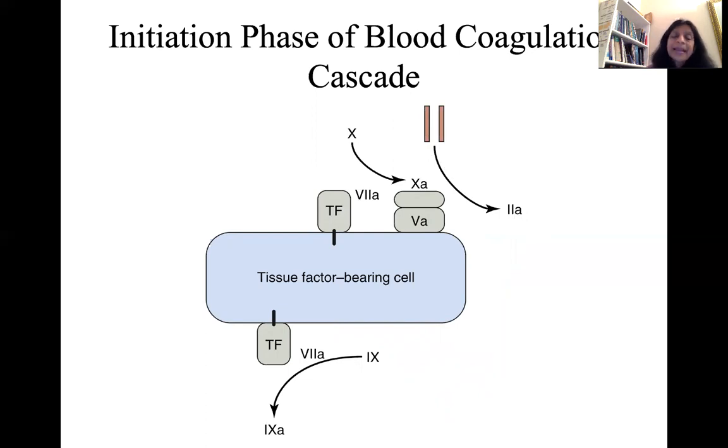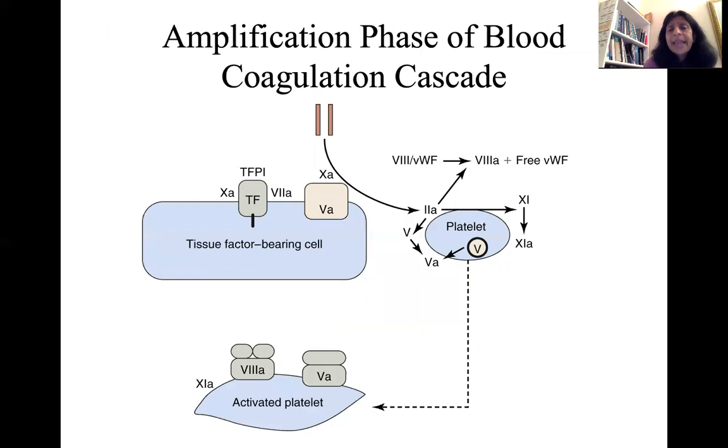Okay, and here what you're seeing is tissue factor and factor 7A. There is a small amount of factor 9 being activated to factor 9A. So this is a smaller amount. This is going to become much quicker later on. Here is the amplification phase, where you're talking about the involvement of platelet activation.